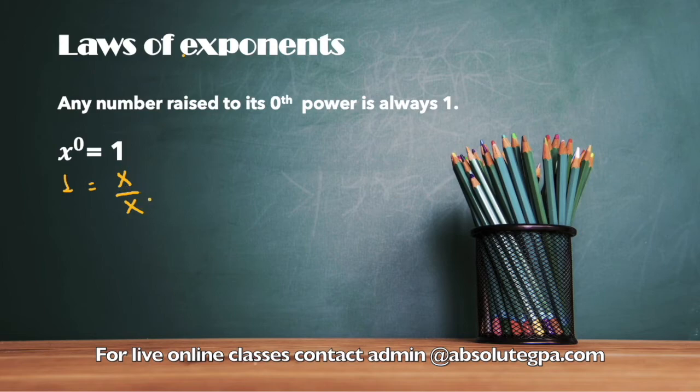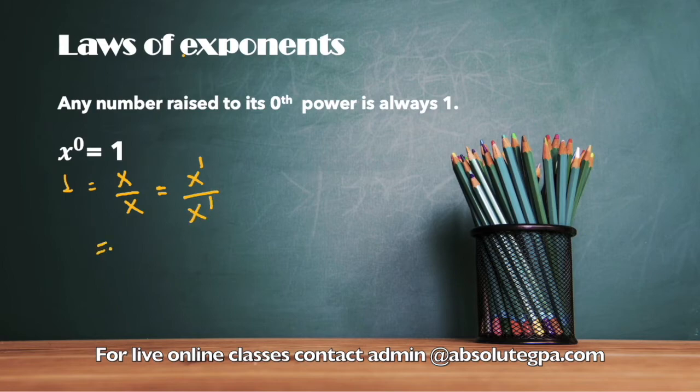And how can we write x in exponent form? We learned from the other rule that any number raised to its first power is the number itself. So we can write x as x to its first power divided by x to its first power.